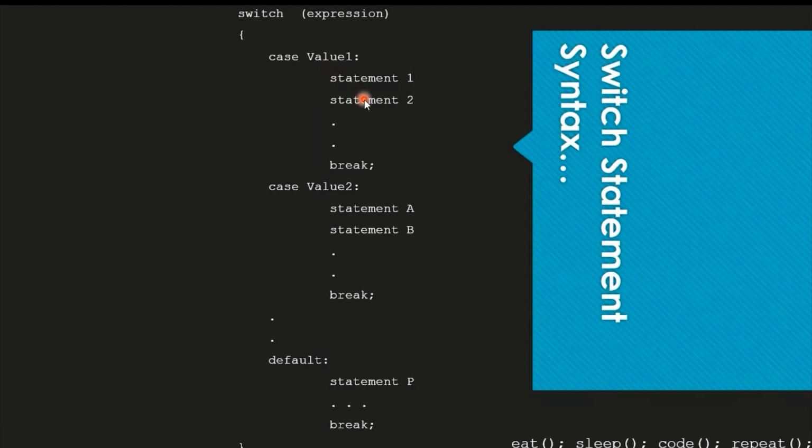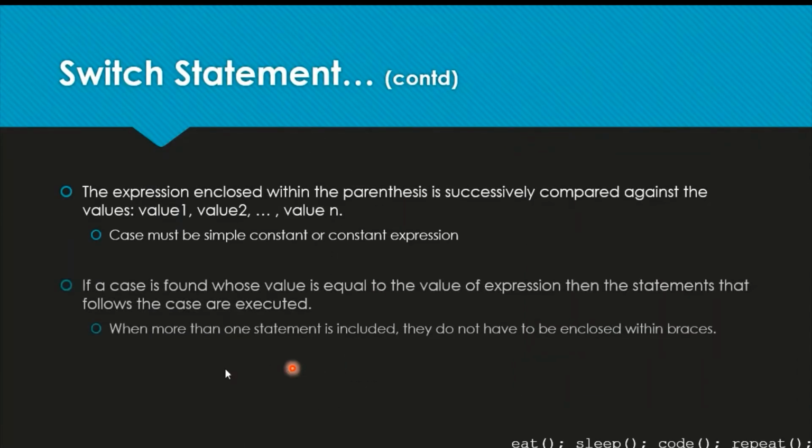It is just a block of code which is indented, so indentation is necessary here. When more than one line is included, they do not have to be inside braces.